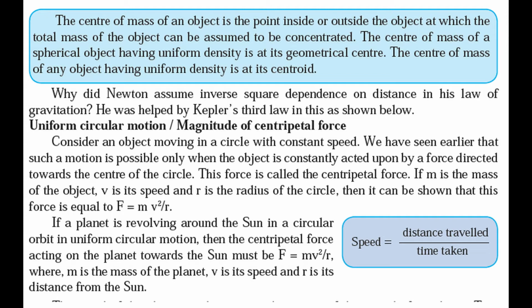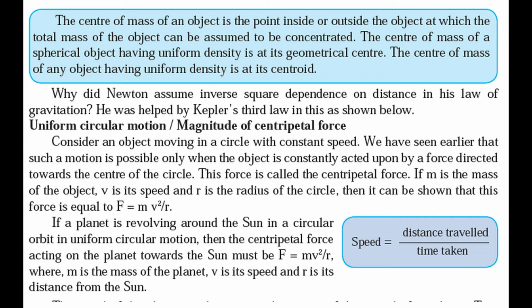Now, why did Newton assume inverse square dependence on distance in his law of gravitation? He was helped by Kepler's third law in this, as explained below. Uniform circular motion: magnitude of centripetal force.